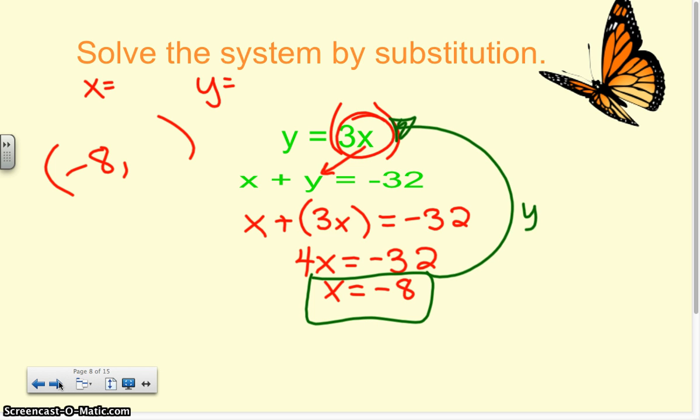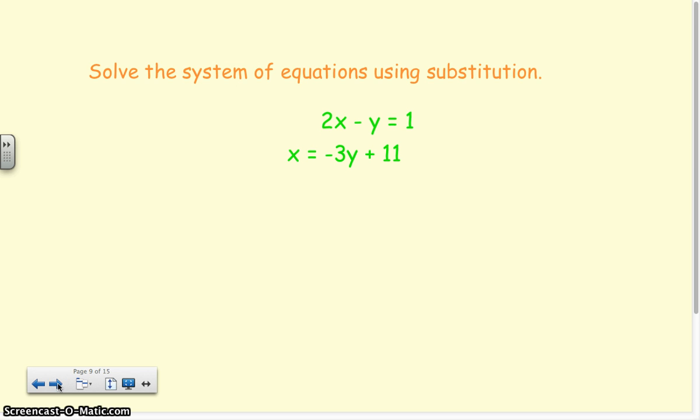And I get y is equal to 3 times negative 8, which is equal to a negative 24. So my solution to this system of equations is negative 8, negative 24. Again, that means that if I were to graph these two lines, they intersect at the point negative 8, negative 24.